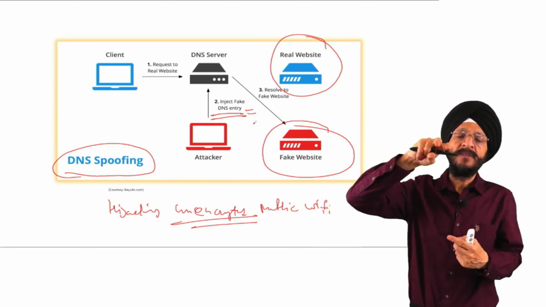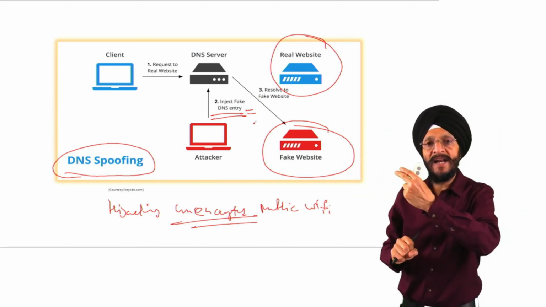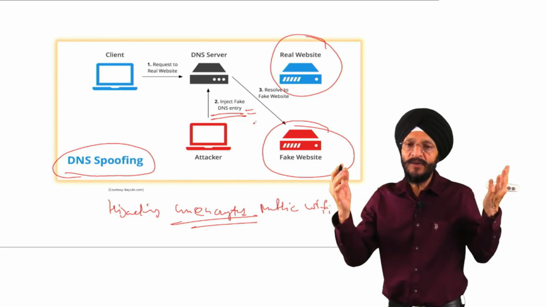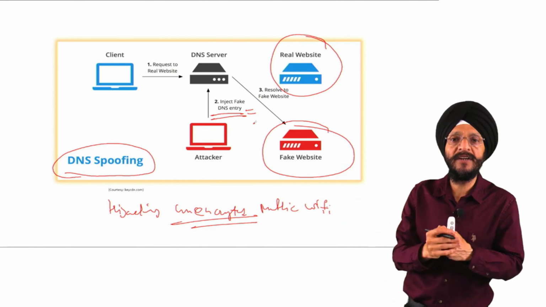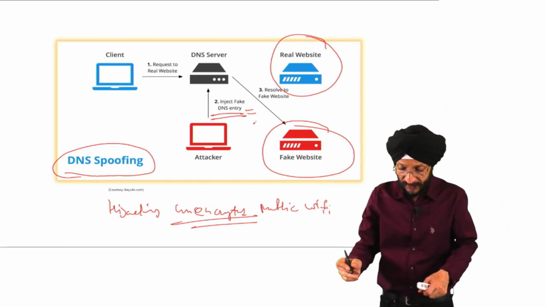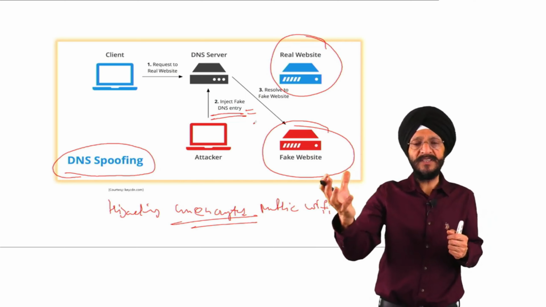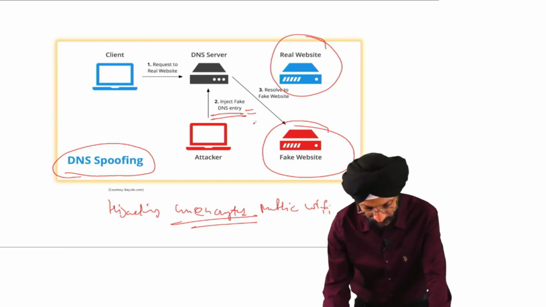When you are trying to access your bank and you land in the fake website, you will not get to know that this is the fake website, and when you enter your login credentials, username, password, this information will stand leaked, or your this information will be in the hands of the hacker.